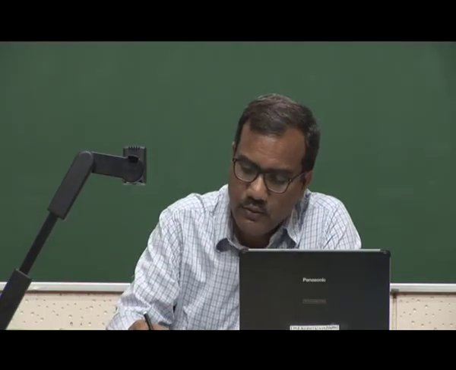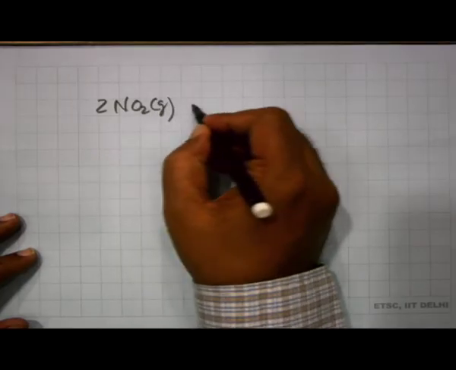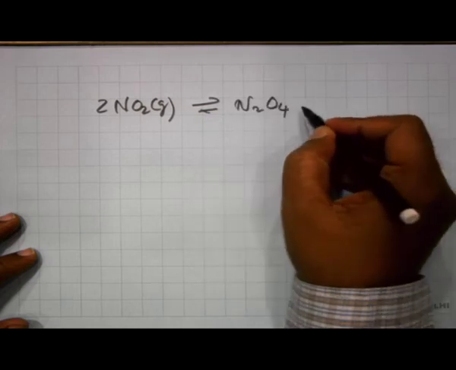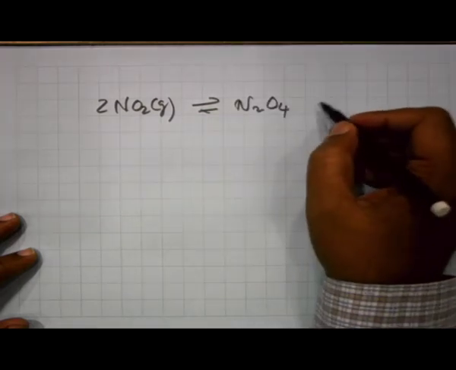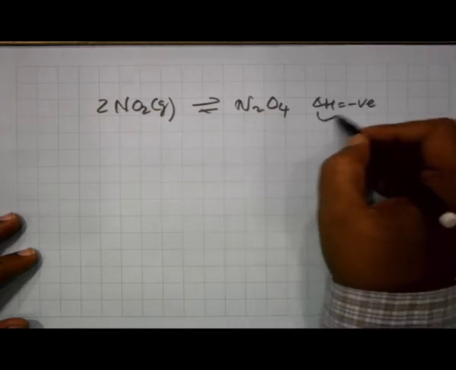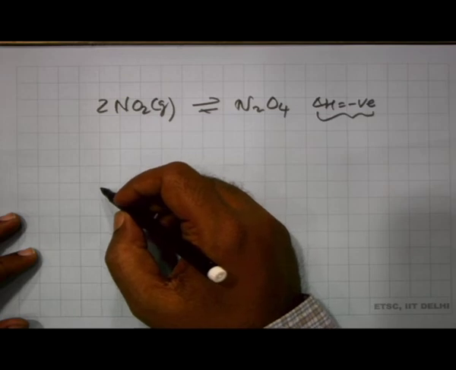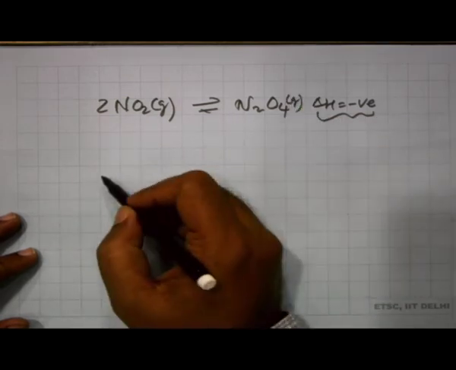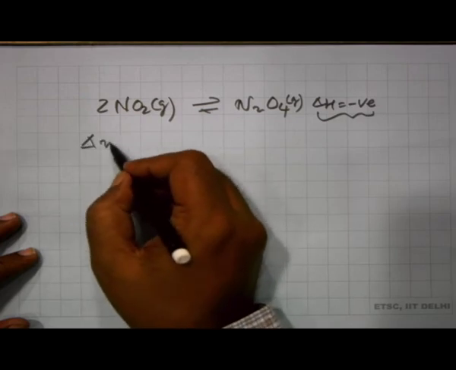Another reaction, 2NO2 gas giving you N2O4, and delta H is negative. What that means is this is an exothermic reaction. We can see that this is also in gaseous form. What is delta n?